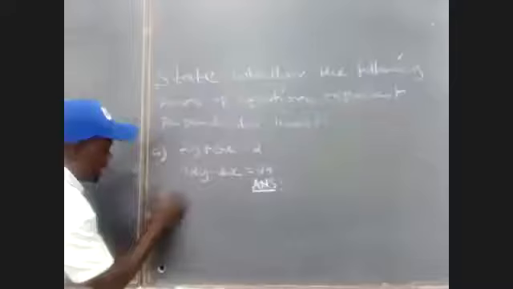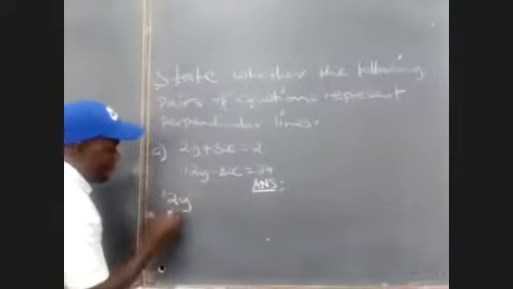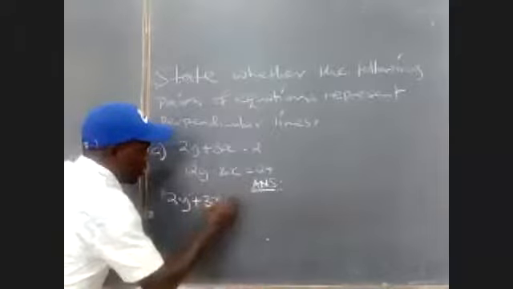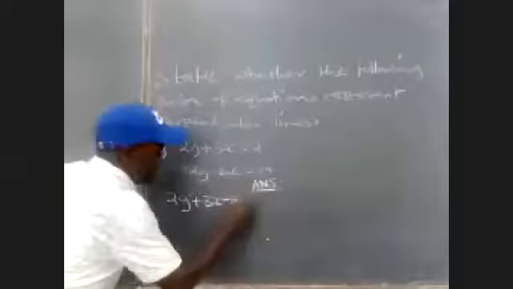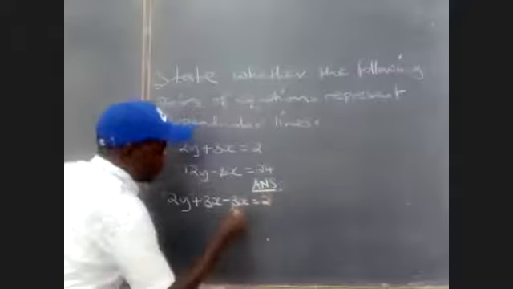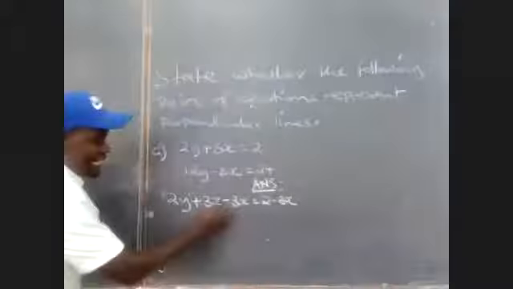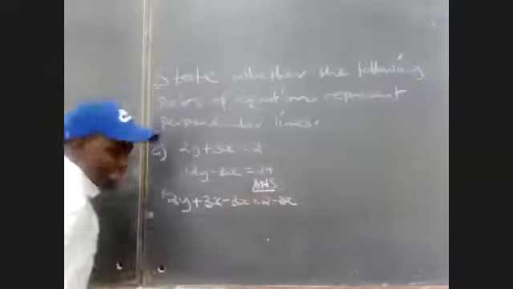We first make the coefficient of y 1 using the first equation. We can say 2y plus 3x is equal to 2. Minus 3x on both sides, so you are taking 3x to the other side.